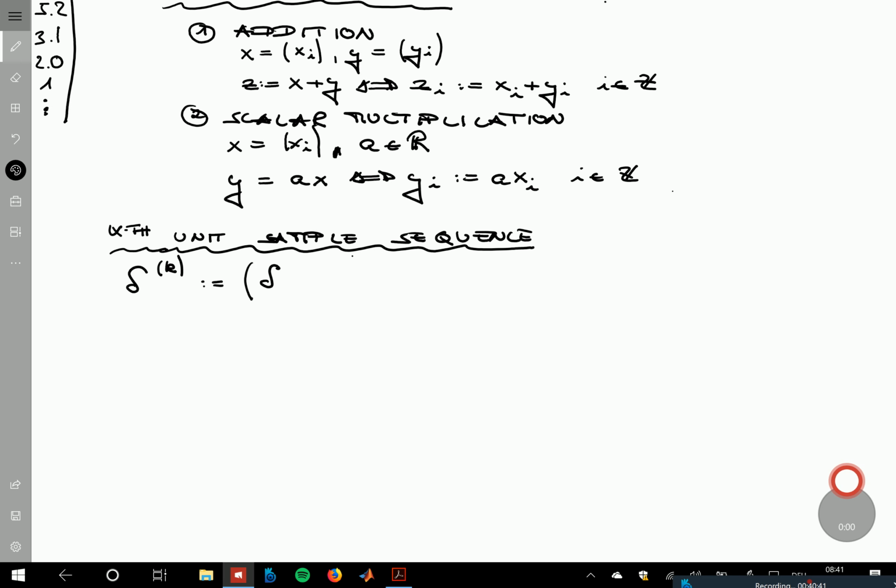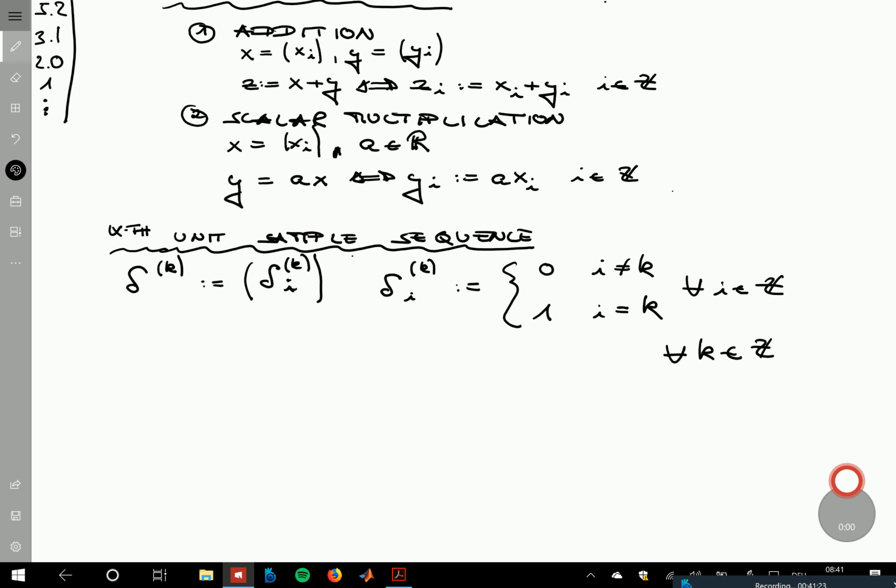It's a sequence, and hence it has elements, or components, whatever you want to call them, delta k i, and these delta k i are defined as follows. Delta k i is defined as 0 if i is not equal to k, and 1 if i is equal to k, for all i in Z, and this whole thing is also defined for all k in Z. This little symbol here just means for all.